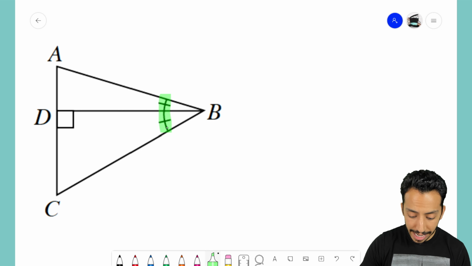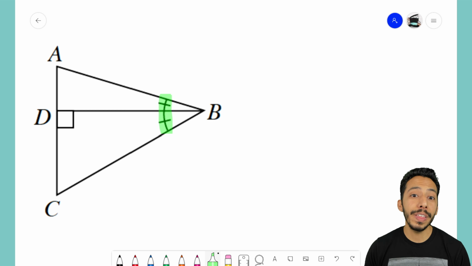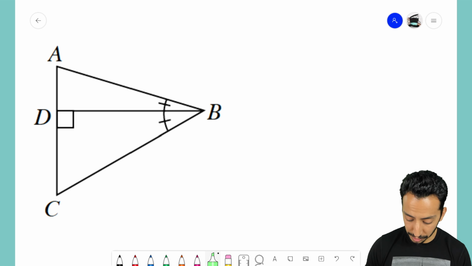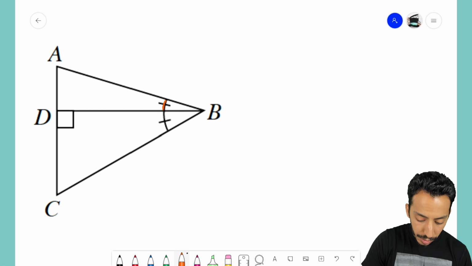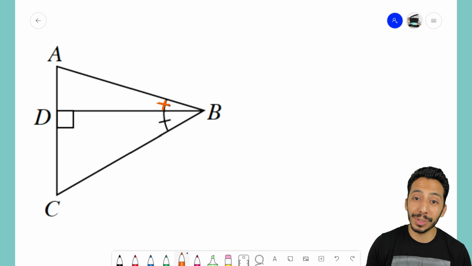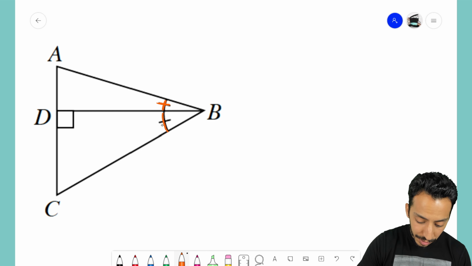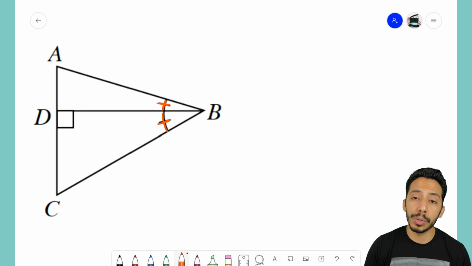Well, I noticed that at angle B, they both have two angles there, and they both have those hash marks, which means that they are equal to each other. So I know that this top angle at B and the bottom angle at B are equal by those little marks. So we should go ahead and write that into our flowchart.